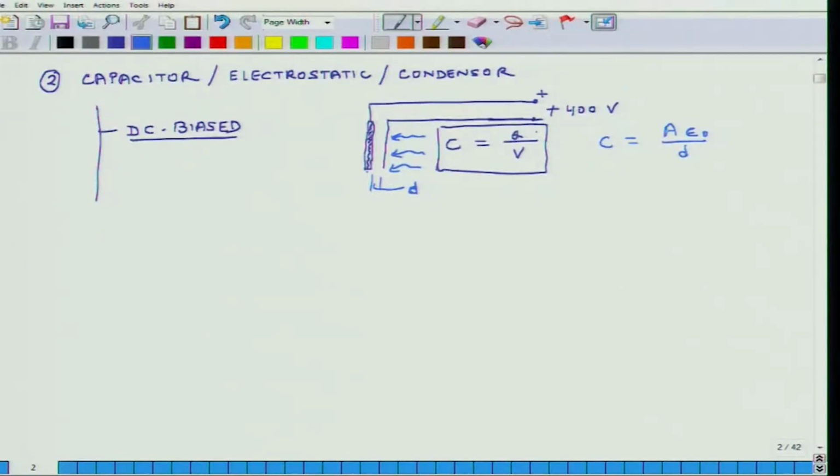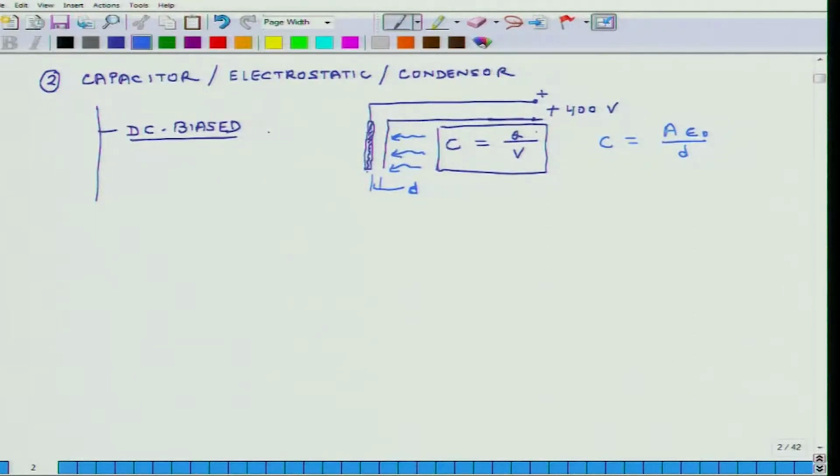So as distance changes, capacitance changes, and because of this the charge changes, while the bias voltage is more or less constant. So essentially I am trying to sense the change in charge, and from that change in charge I am able to calculate the change in capacitance, or I can also map it to the change in sound pressure level.